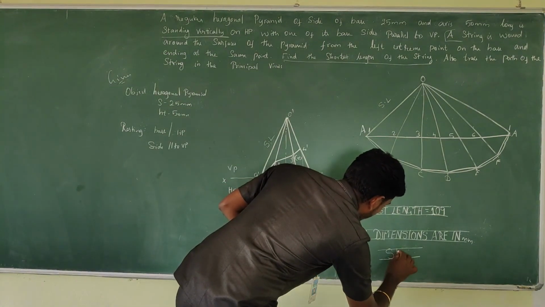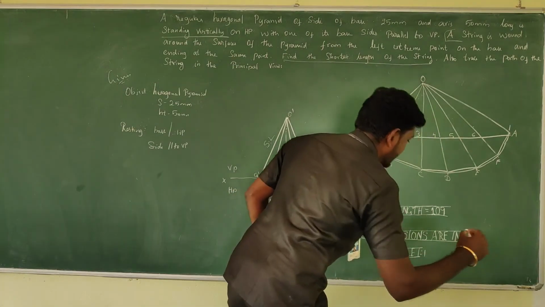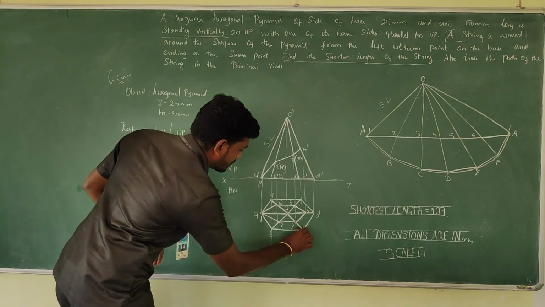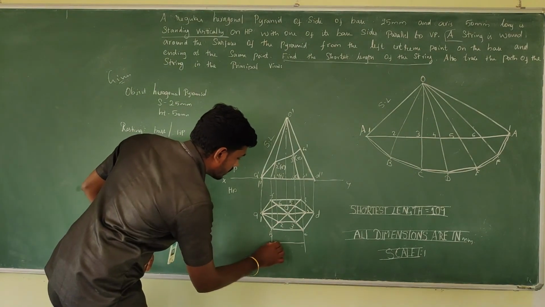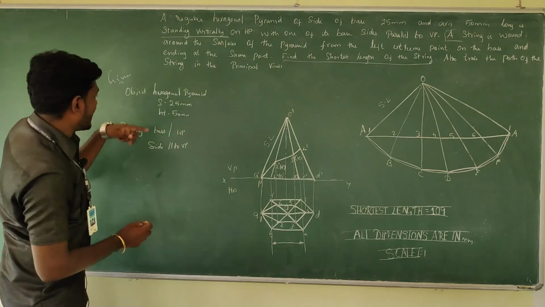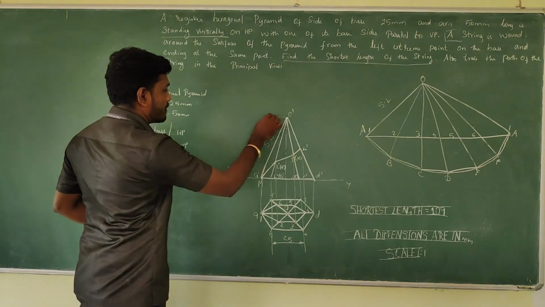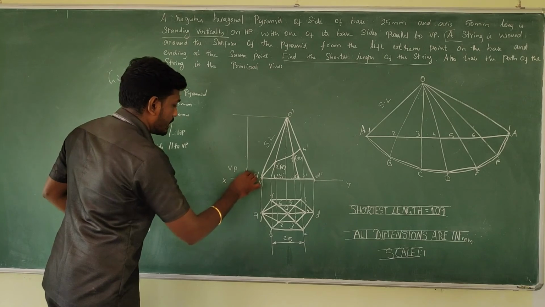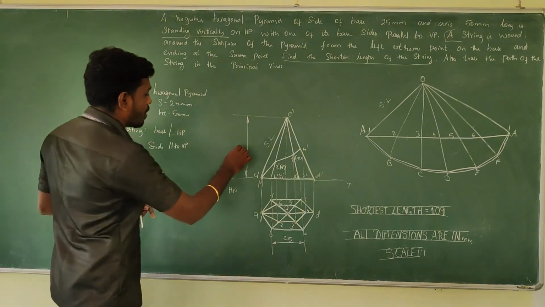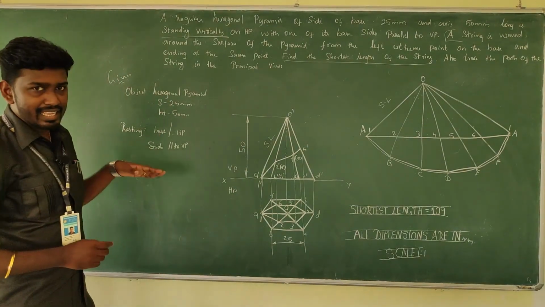So take scale 1:1, and then the measurement is very important. Here in the base, you need to specify the measurement. The measurement of the base side is given as 25, represent it as 25, and the height of the object is given. So take a line parallel to the axis and write above it 50 mm. And then any other dimension.